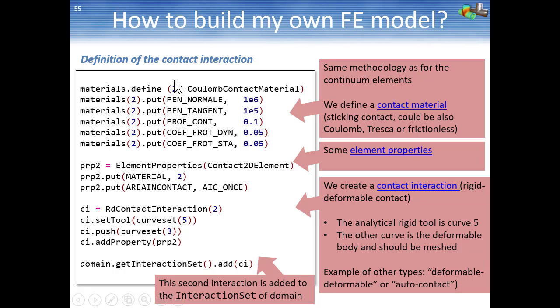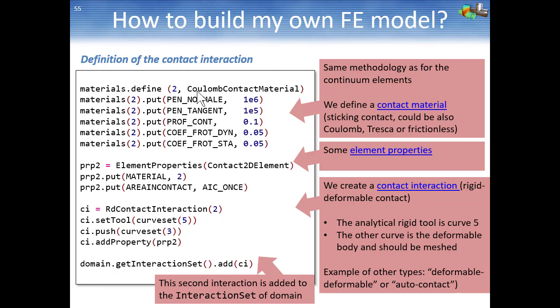So all the contact behavior, all the physics of your contact, for example the friction, but also all the numerical parameters, are stored in the material in Metafor. If you have some steel, you will put your Young's modulus and your hardening in the material.